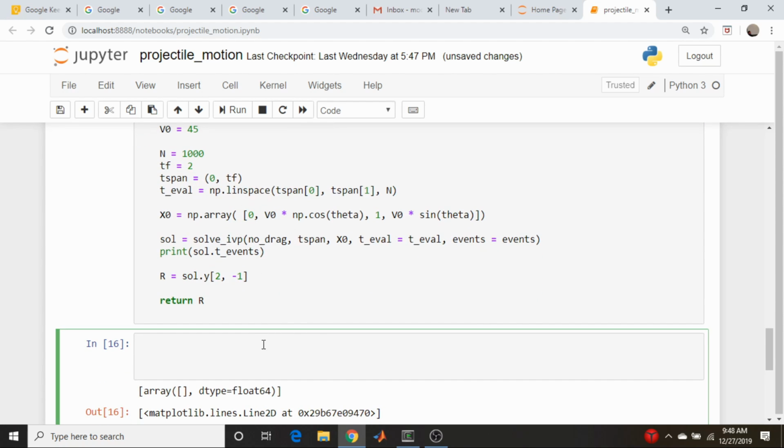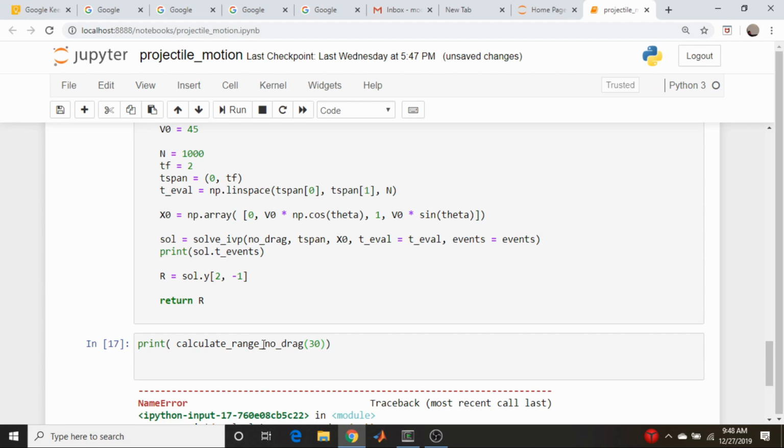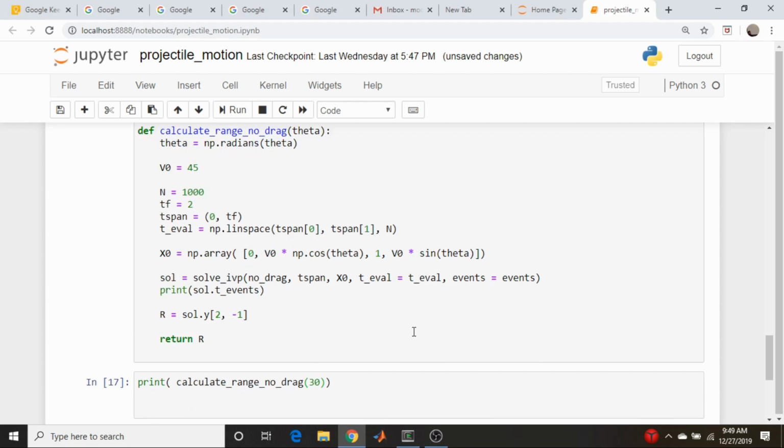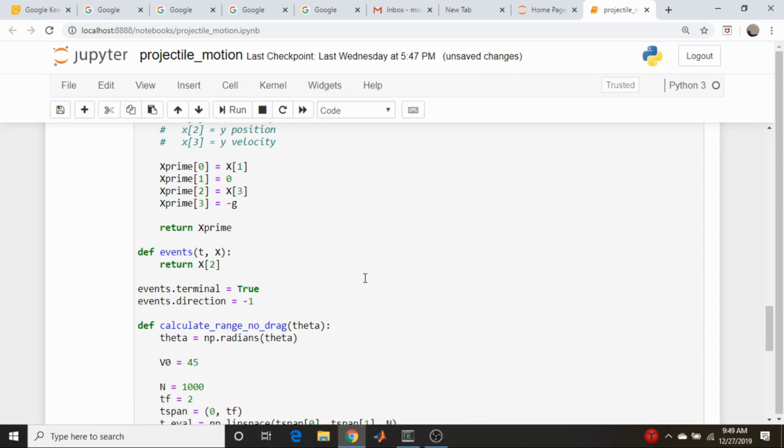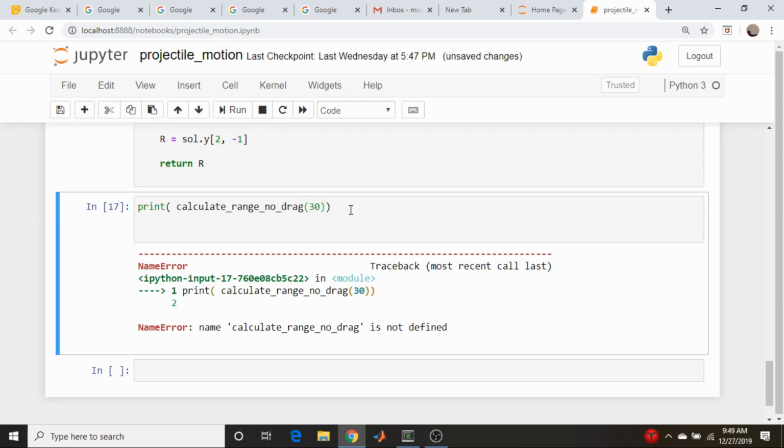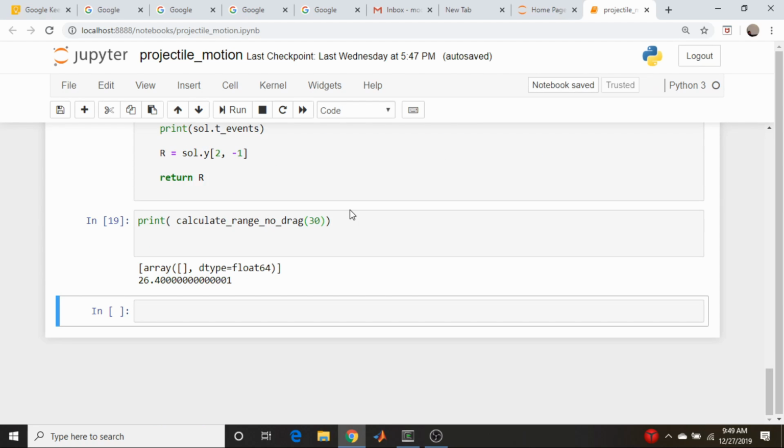So let's go down here and print calculate range no drag 30. Okay, one error. What's going on? The function is not defined. Did I not run this cell up here? Run. There we go.